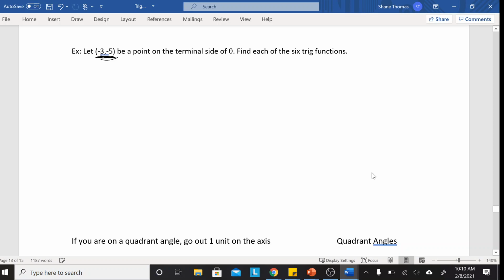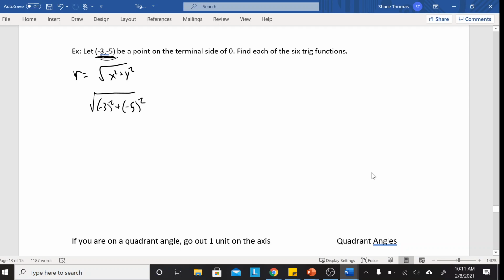All right, so first one, here's my point, (-3, 5). Now, I need to also find my r. By definition, r is going to be the square root of x squared plus y squared. So let's plug our values in. We're going to have the square root of (-3) squared plus (-5) squared, which is my y.